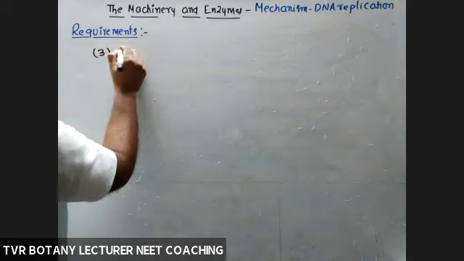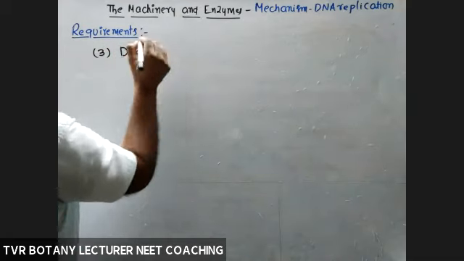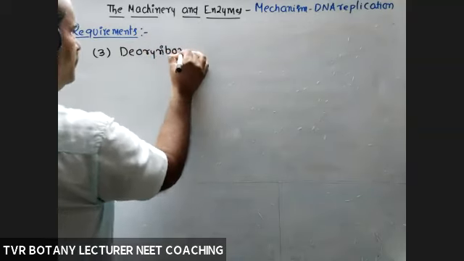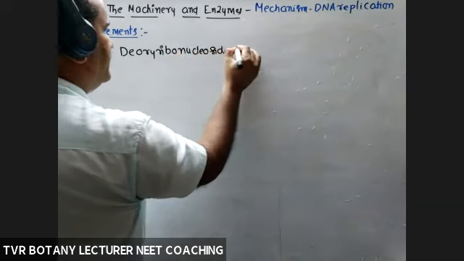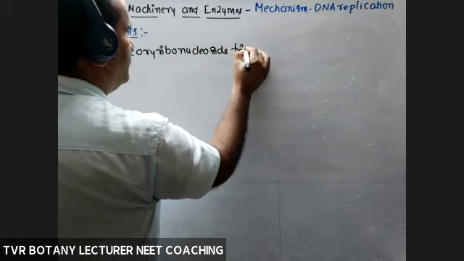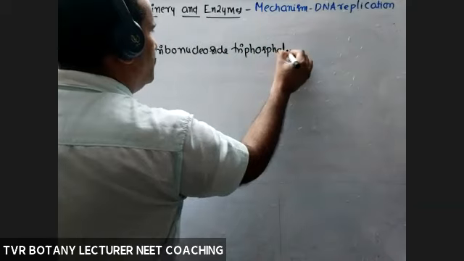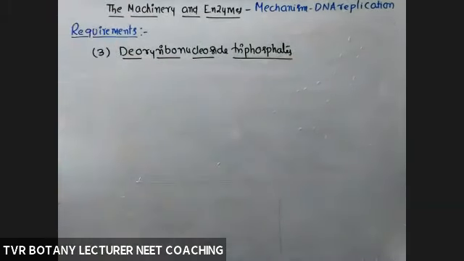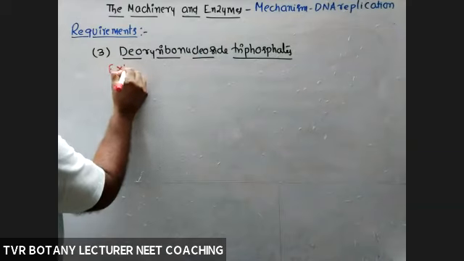That is deoxyribonucleoside triphosphates. Deoxyribonucleoside triphosphates, what are they here? Examples are well known to you.